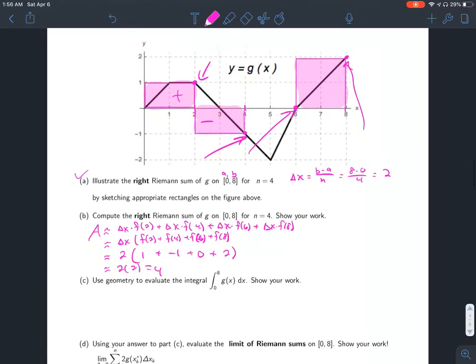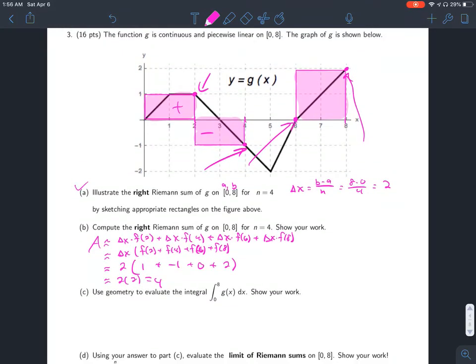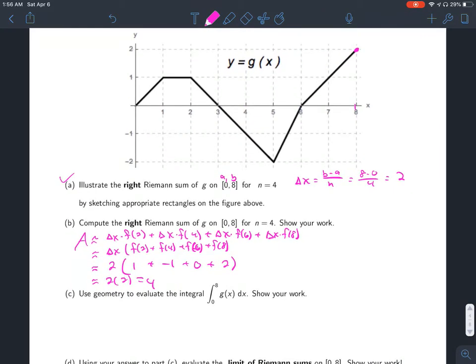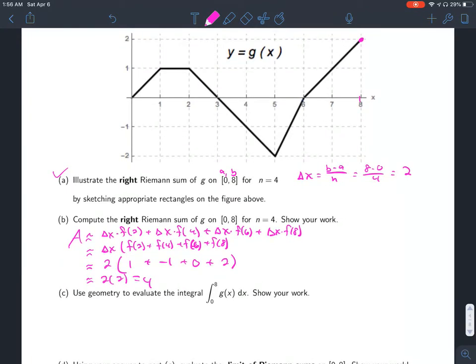C, use geometry to evaluate the integral from 0 to 8. Show your work. Okay. Oh, you can't erase that picture because part A asks you to do that. But essentially, I'm going to make this real easy on myself.